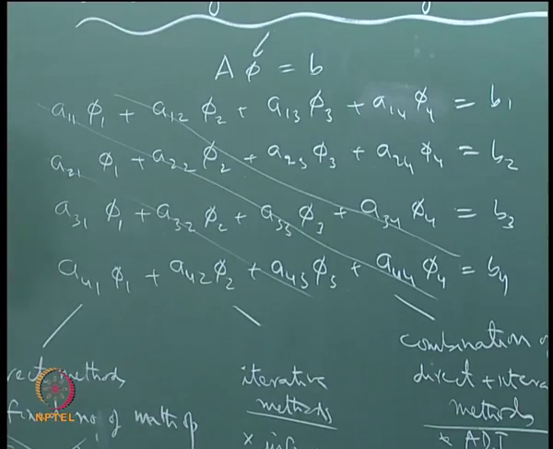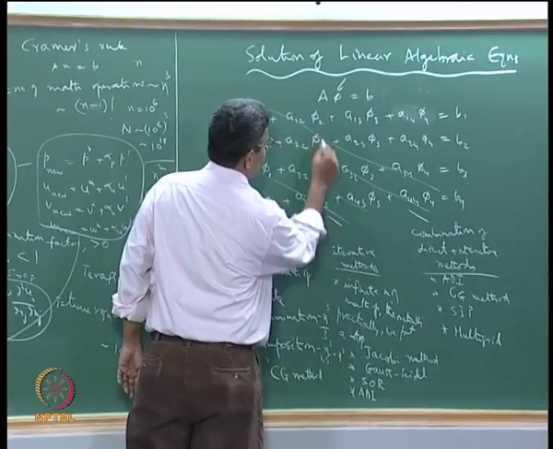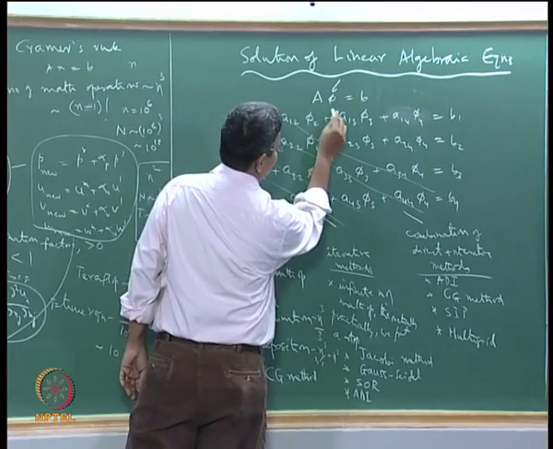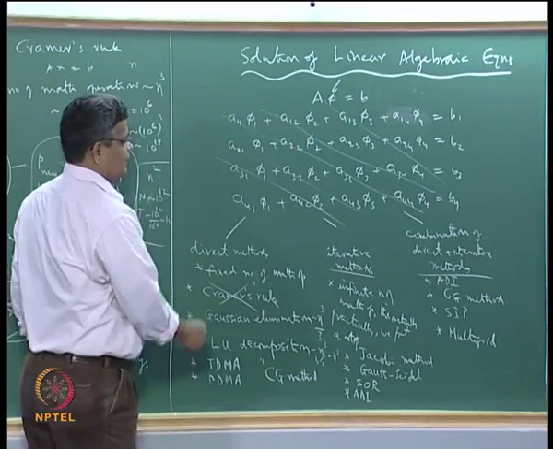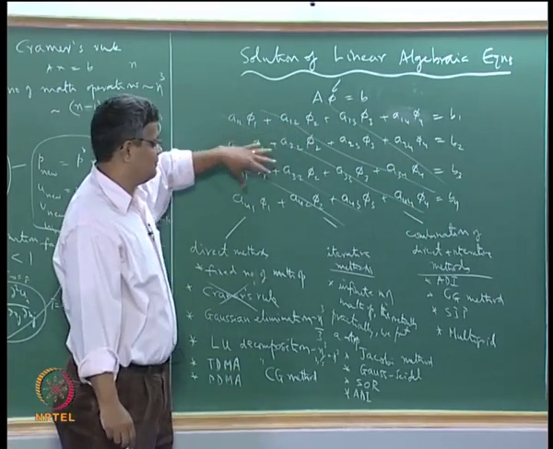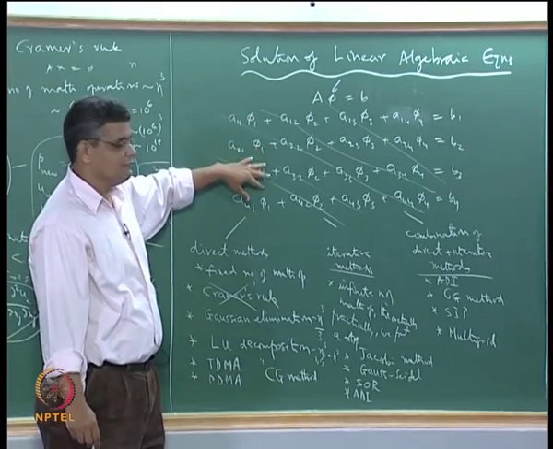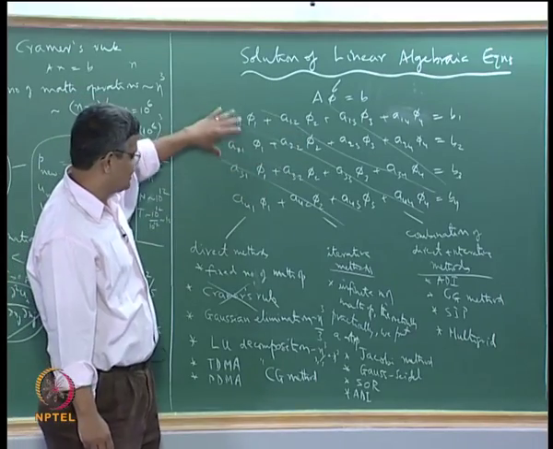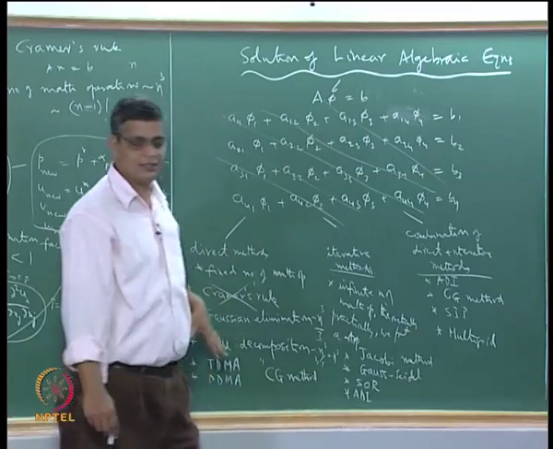And PDMA is something that can be used when you have 5 adjacent diagonals which are non-zero. This kind of thing will be obtained for a one dimensional diffusion equation with 4th order accuracy. With 2nd order accuracy you have 3 adjacent diagonals, with 4th order accuracy you have 5 adjacent diagonals.